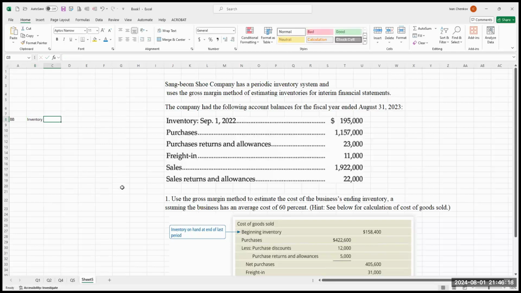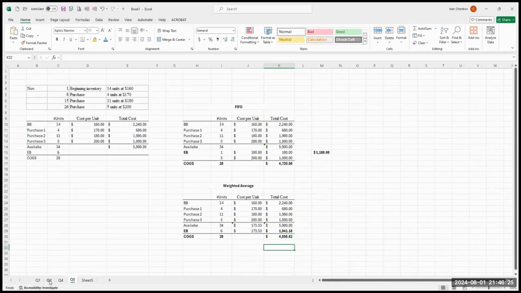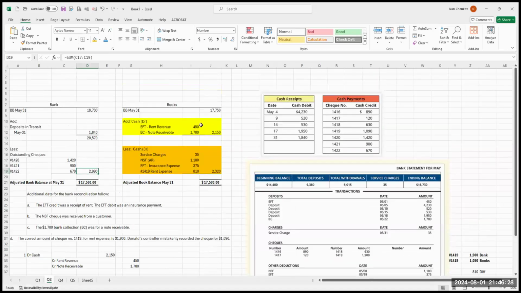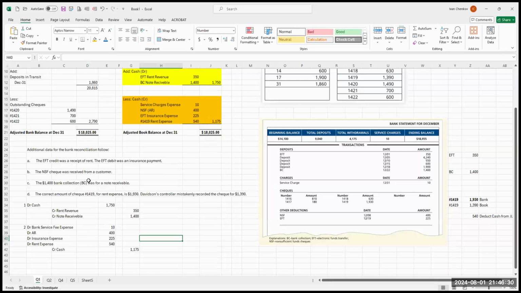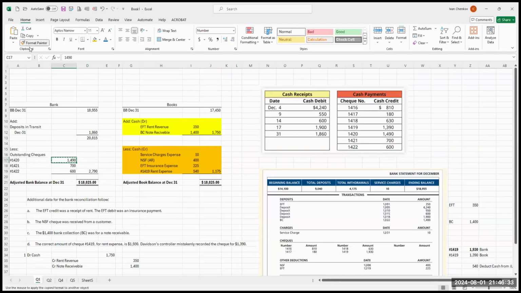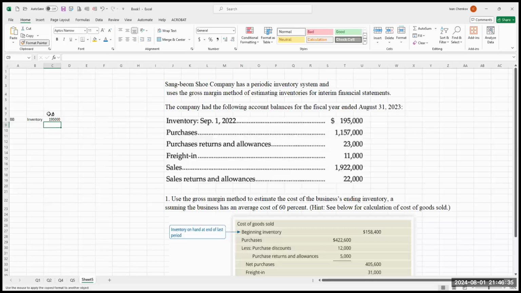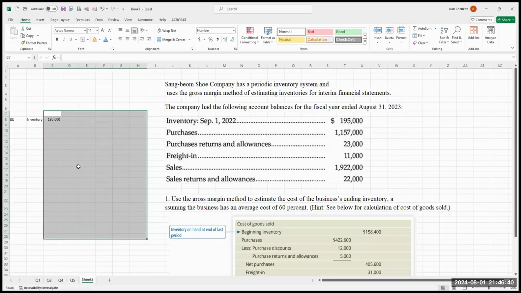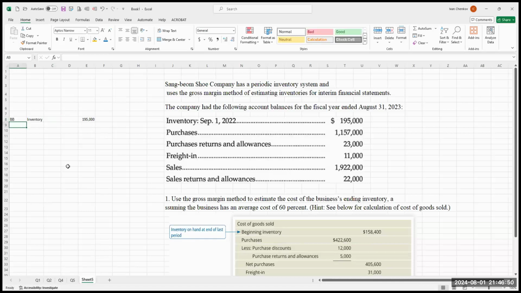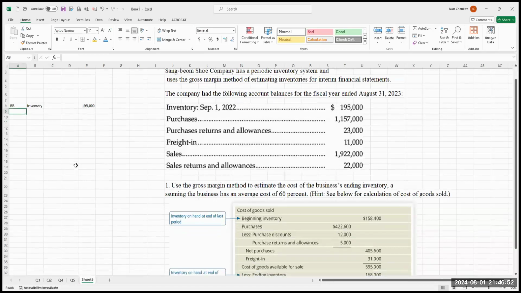First, how much is our beginning inventory? Our beginning inventory in this case is 195,000. I'm trying to get some formatting here so I don't go crazy with the formatting, but once I have it here, I can easily flip it everywhere. So my beginning balance of the inventory is 195,000. Then what do we have to add? I have to get the purchases.